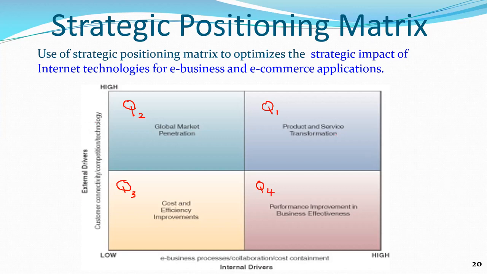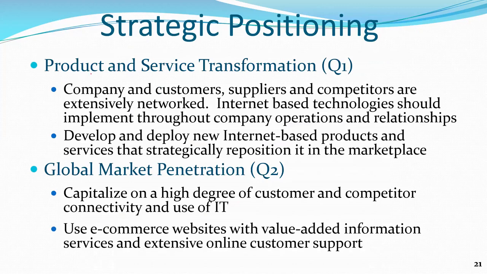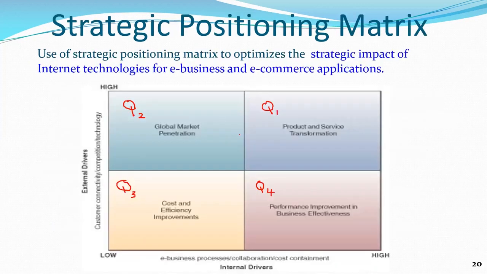Once you think of Q1, it is product and service transformation, where the company and customers, suppliers, and competitors are extensively networked, because both external drivers and internal drivers are high.